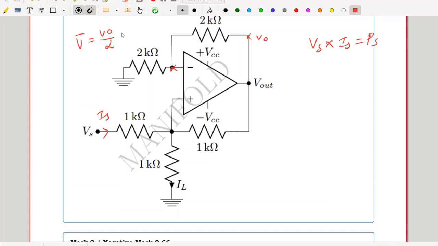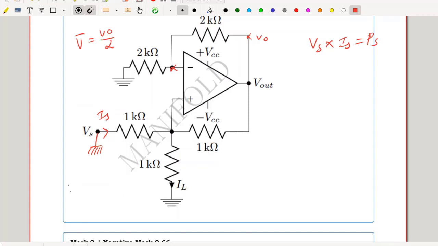While evaluating the component of output voltage at my inputs, I should neglect the independent sources. Here I am having a Vs voltage source, independent, so I have to short it to ground. Under this condition, I have 1K and 1K in parallel, that's equal to 0.5K, in series with 1K.